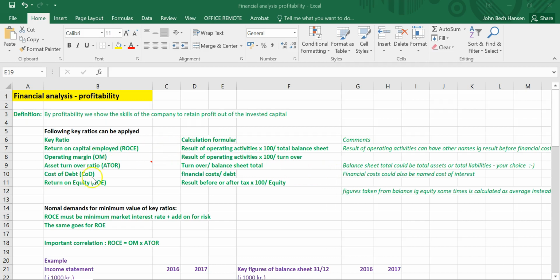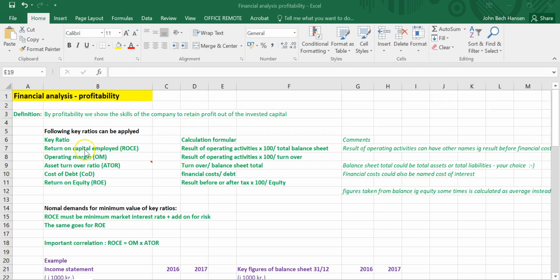And be aware that you can find other names for some of the things mentioned here, as for instance result of operating activities, which can also be result before financial cost, or earnings before interest and tax, EBIT. So that's the common thing about the science of economy. They use a lot of different names for the same thing.